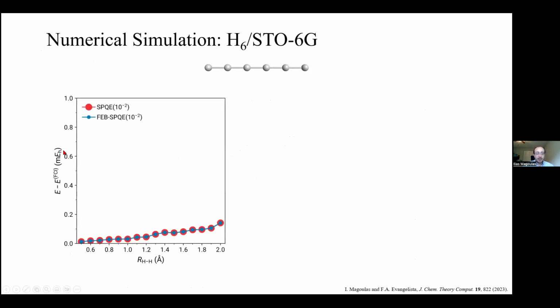So here we have the errors with respect to full CI, and you can see that when we use our novel quantum circuits, we reproduce the energies of the original SPQE exactly. And this is a numerical verification that our circuits are equivalent to the ones that were used before.